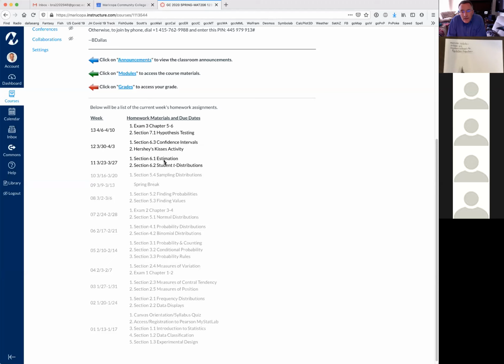In particular, we wanted to estimate the mean of a population using a sample. We saw that there were two situations. One is when we know the standard deviation of the population, and the other one is when we don't. Of course, it's more often the case that we don't know the standard deviation of the population, in which case we estimate it using the standard deviation of the sample.